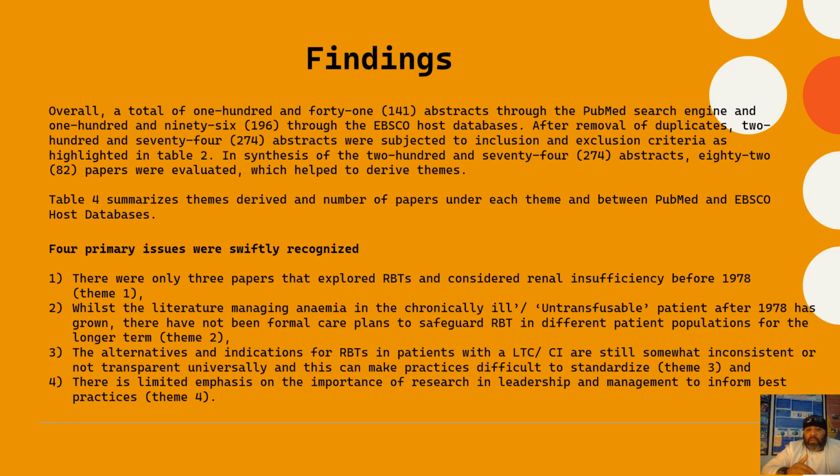That is one of the findings swiftly recognized under theme 2. Number 3 was that the alternatives and indications for red blood cell transfusions in patients with long-term conditions and chronic illnesses are still somewhat inconsistent and not universally transparent, and this can make laboratory practices or transfusion practices difficult to standardize.